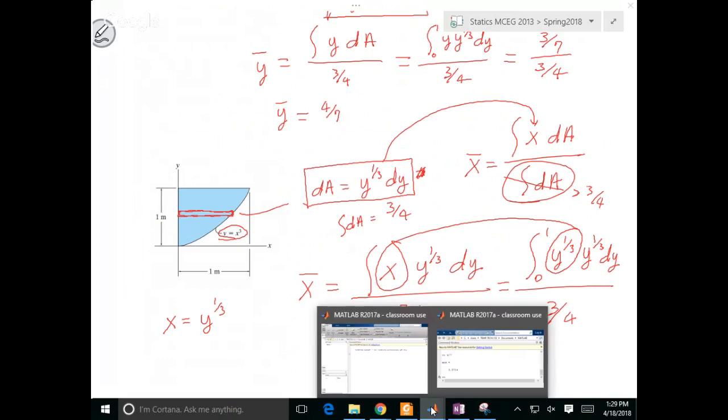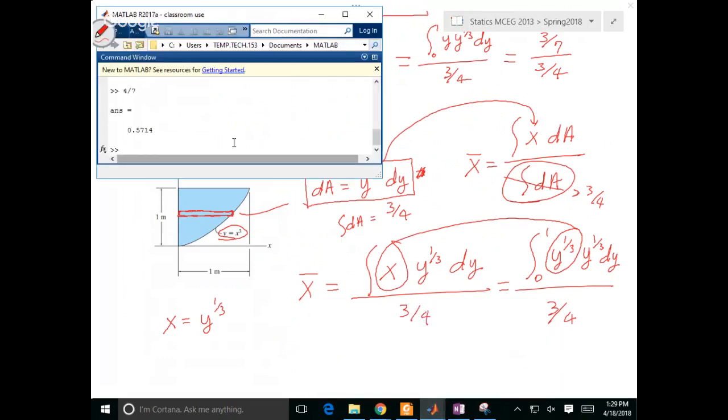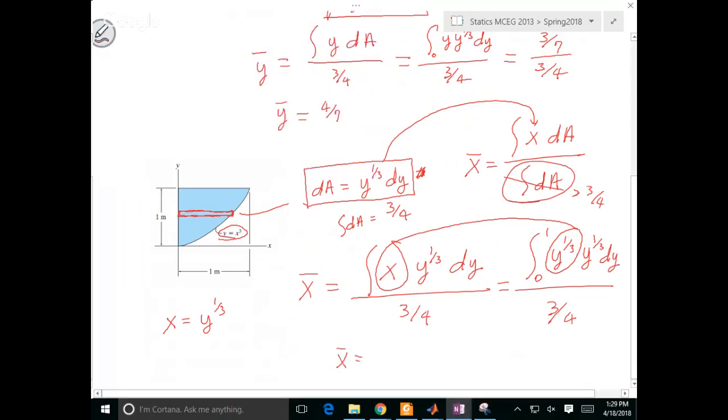Okay, so let's see if I can make MATLAB do that. Okay, before I had the y, so now here, might as well do divided by 3 times that, and I get 3/5. So he says x bar is equal to 3/5 over 3/4. That's weird.